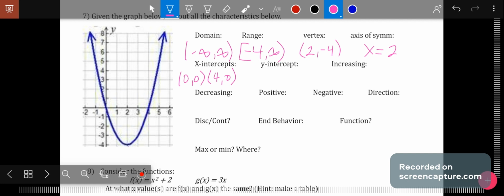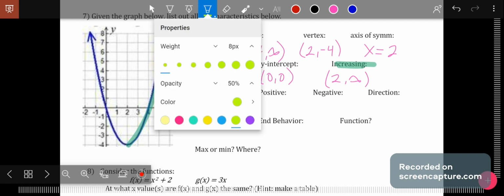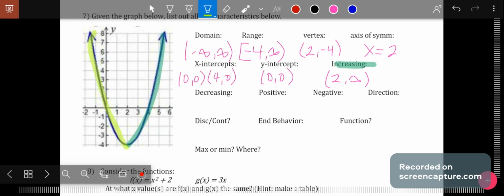My y-intercept, there's only one. Where does this touch the y-axis? And that is at 0, 0. This problem is increasing. Remember, we use x values only from 2 to infinity. This problem is decreasing. X values only, reading the graph left to right, from -infinity to 2.